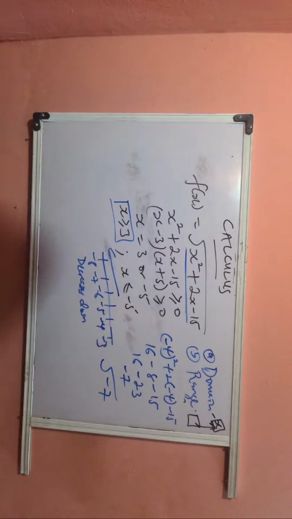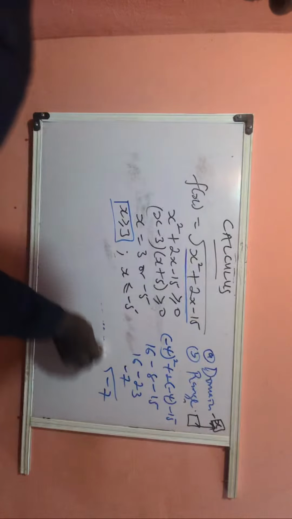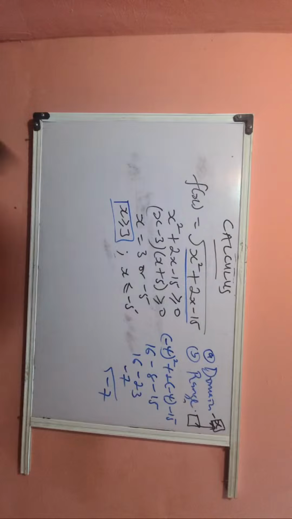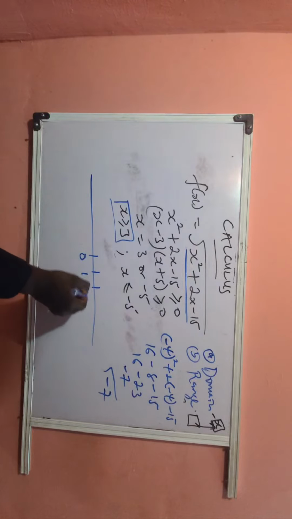So that gives us the basis of which we're going to establish our conclusion on x being greater than or equals to 3, and x being less than or equals to -5. If you're going to draw this on the number line, it's going to look like something like this.